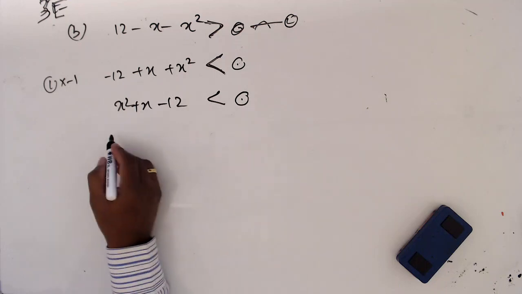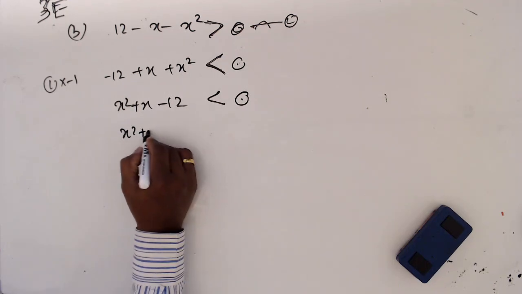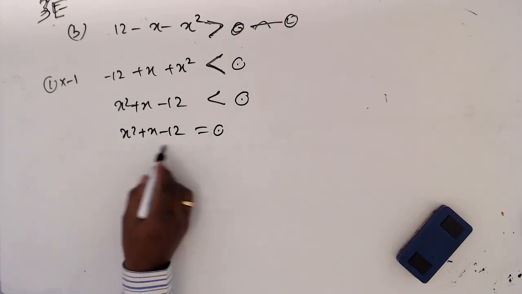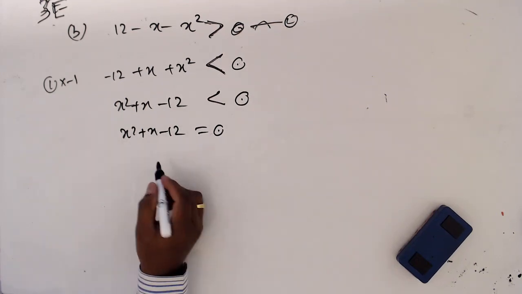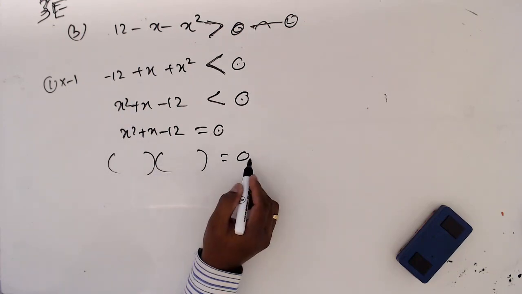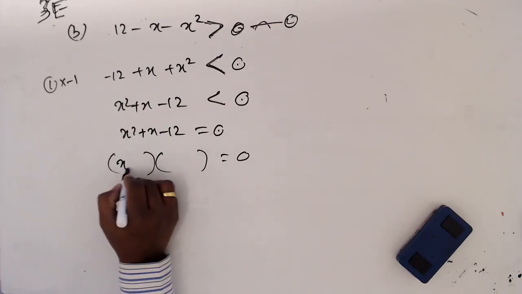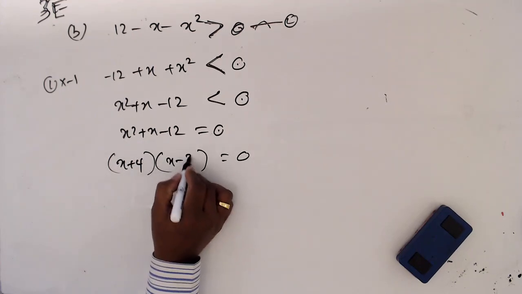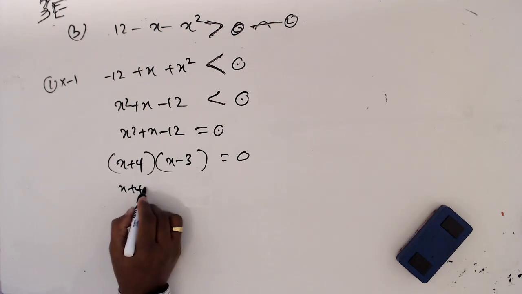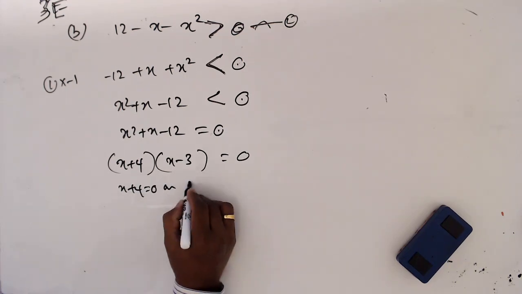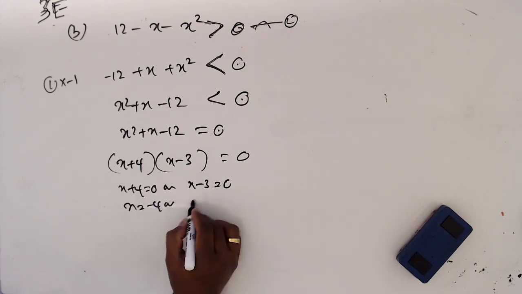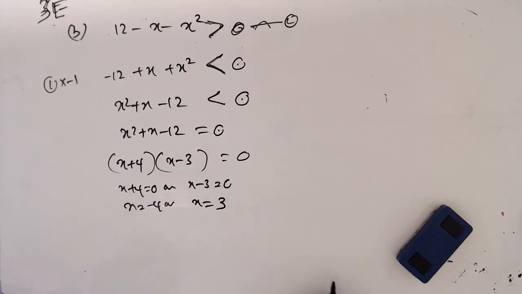Now I will solve this equation, x square plus x minus 12 equal 0. Then x plus 4, x minus 3. X plus 4 equals 0, x minus 3 equals 0, x equals minus 4, x equals 3.